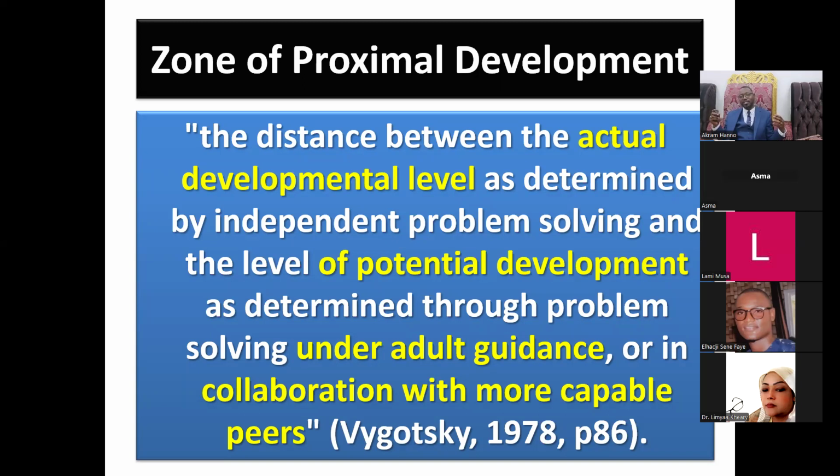In a dynamic class, you let your students work together in teams, in pairs, then as a group, and individually. When they are working in pairs, this is called peer review. So they learn from each other.